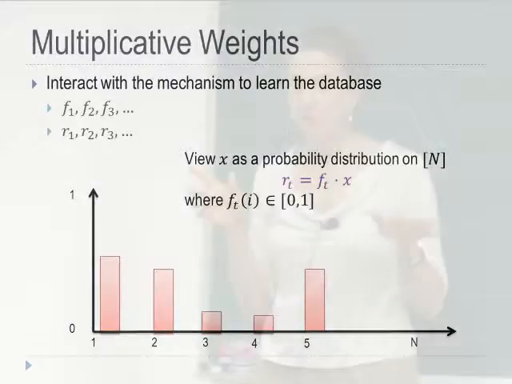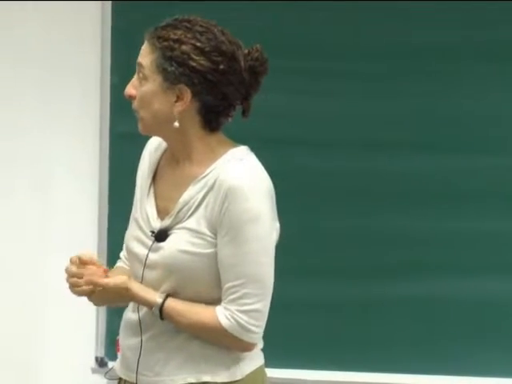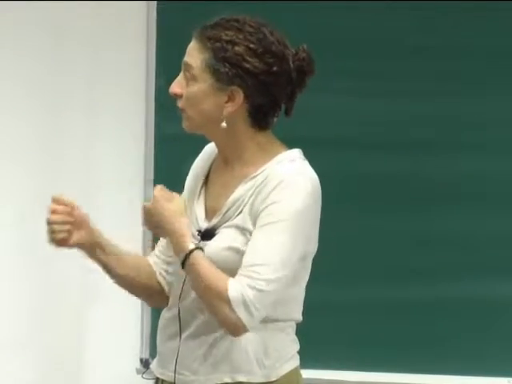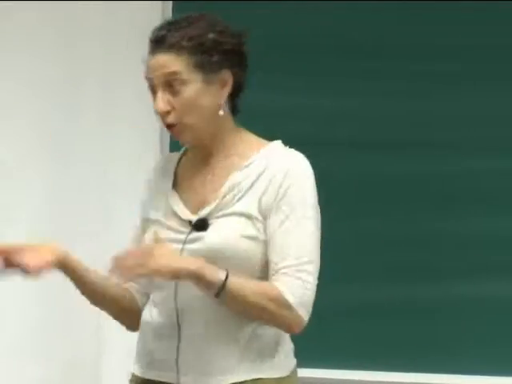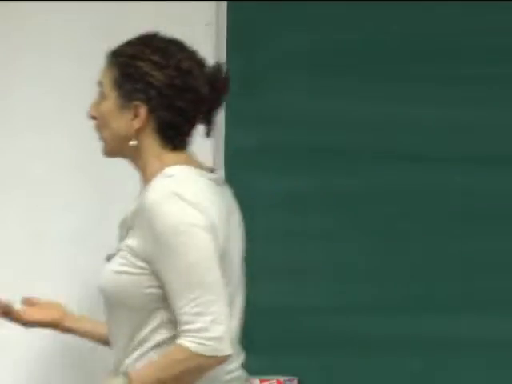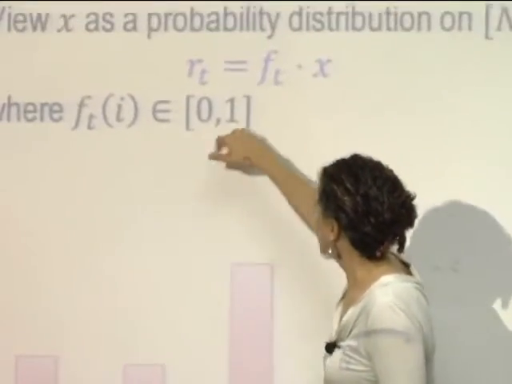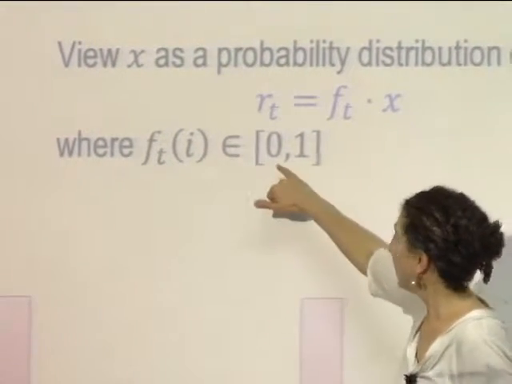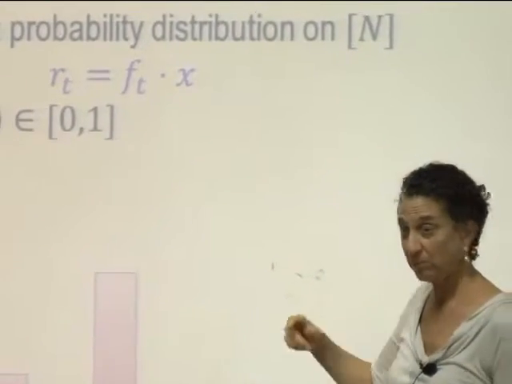So forgetting about privacy for a minute, the multiplicative weights algorithm would give us a way of interacting with something that is accurately answering queries, because we're forgetting about privacy for a second. So the queries are going to come in. We can think of the queries as being vectors where the coefficients in each vector are just between 0 and 1. Okay?